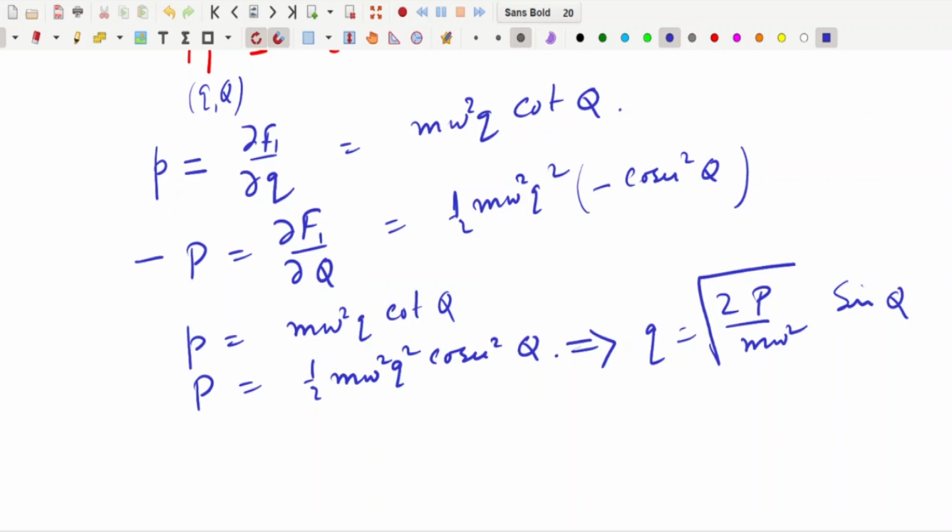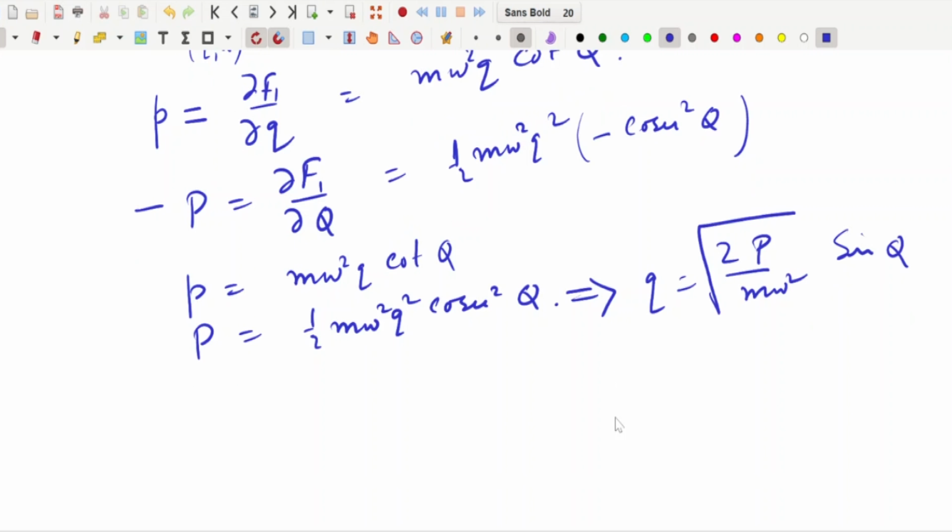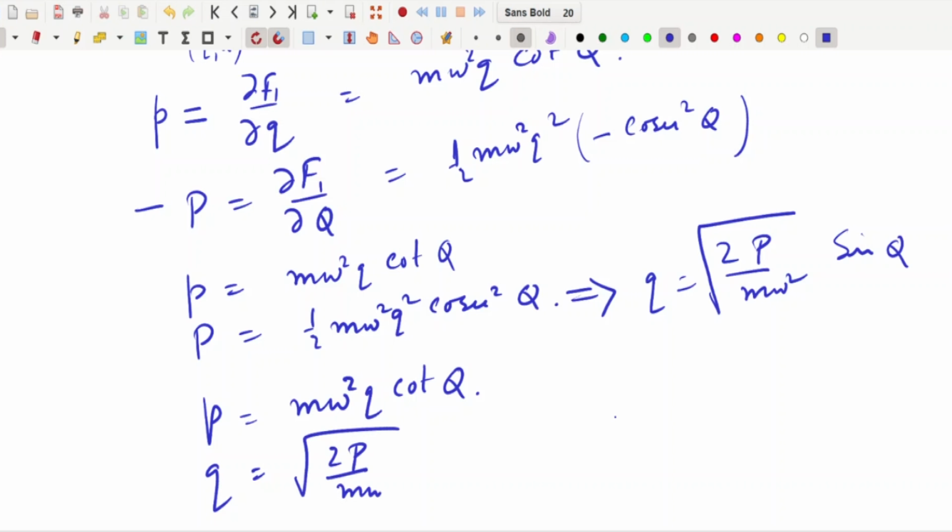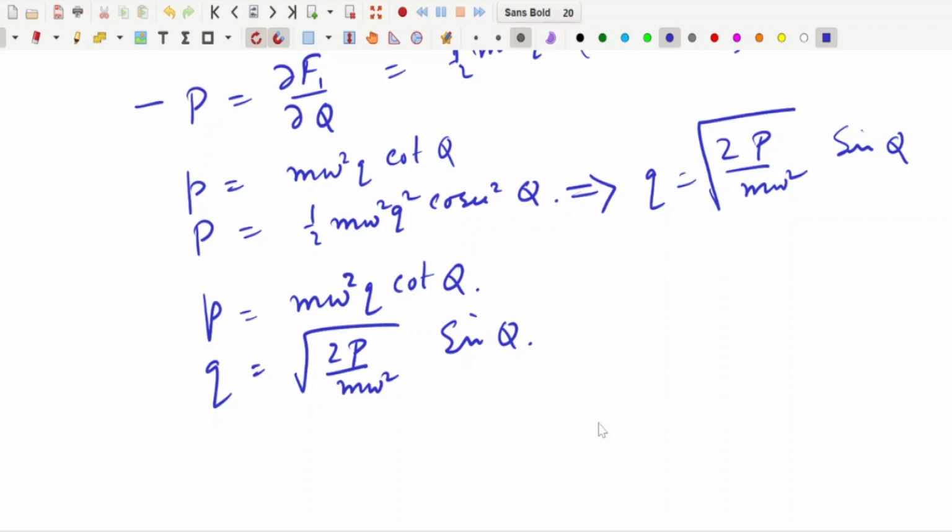Now I claim that f1 in this example generates a transformation: p equals m omega q cot Q, and q equals root of 2P by m omega times sin Q. So, this is the old set of variables, and capital Q, P are the new set of canonical variables.